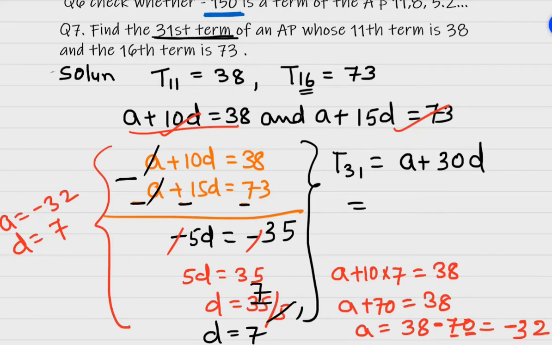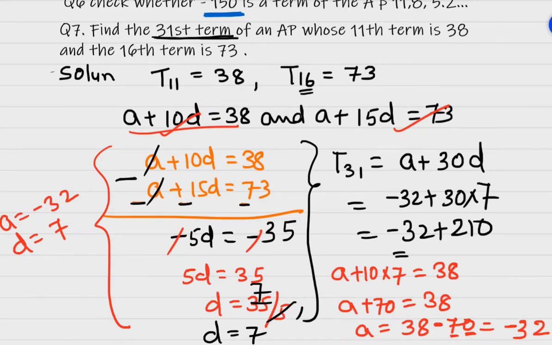Now you can easily calculate the value of 31st term. See, A is minus 32 plus 30 into what is your D? Your D is 7. Okay, it will become minus 32 plus 210. Now see, children, first subtract 210 minus 32: you will get 10 minus 2 is 8.